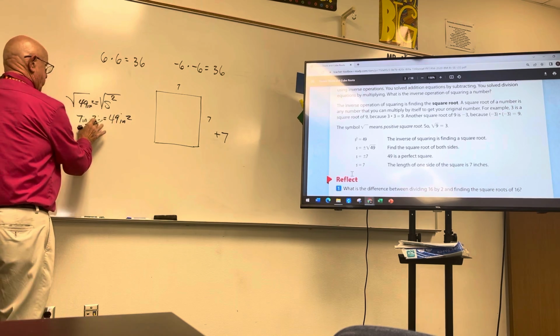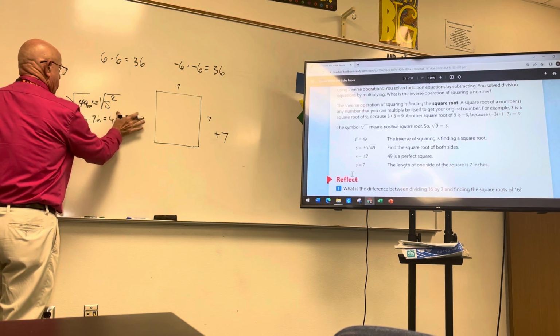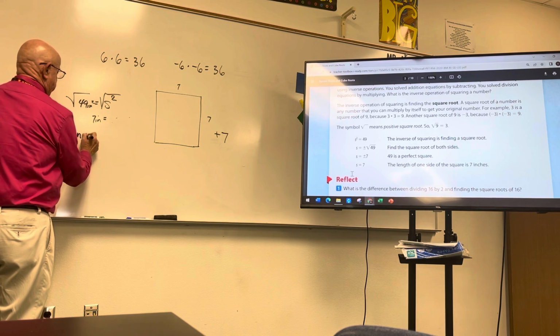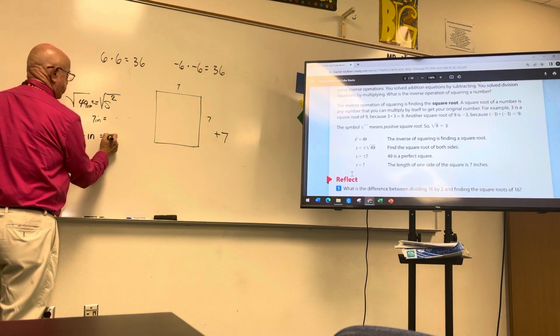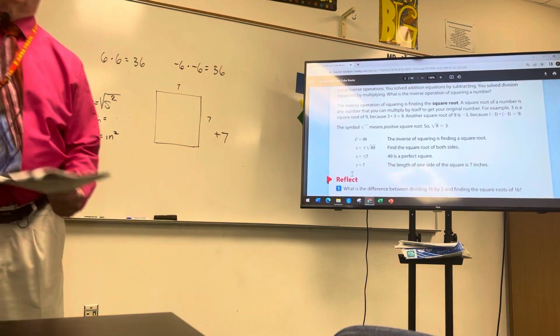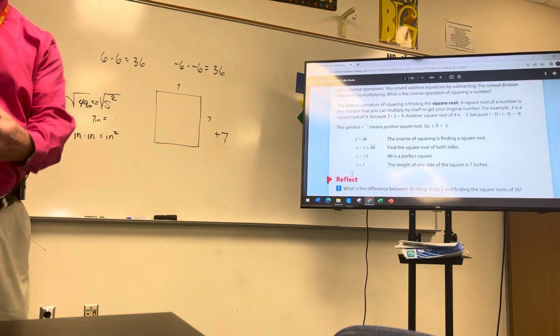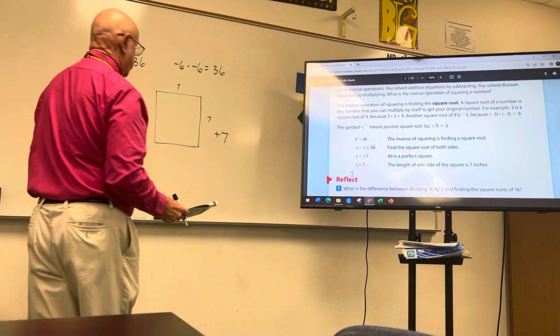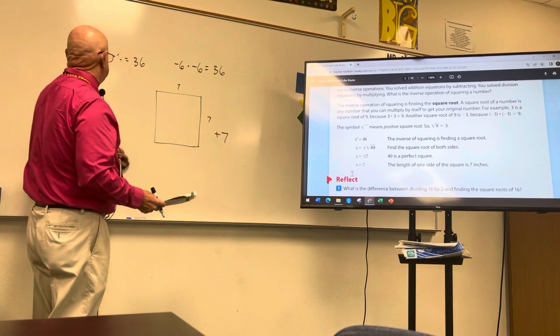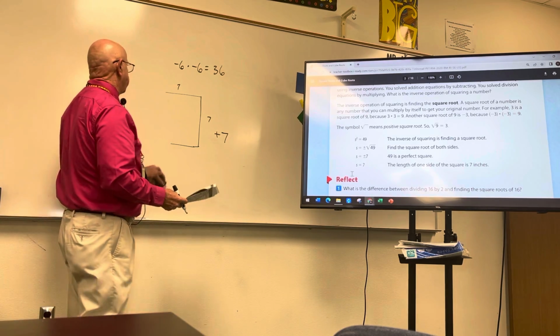So if those are equal, the square root now is just 7 inches, because remember, inches times inches gives us inches squared. When you do a measurement, you always have to use the number and the measurement in order to be correct, okay?